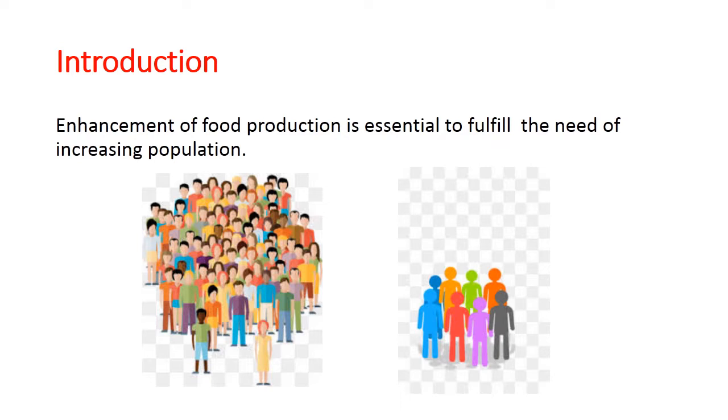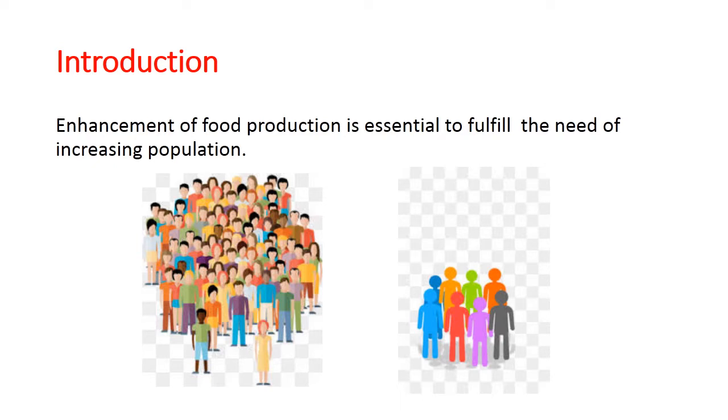When the population consists of a small number of people, it is not very difficult to fulfill their basic needs. The food can be easily supplied to the people present in the population when their number is very small.